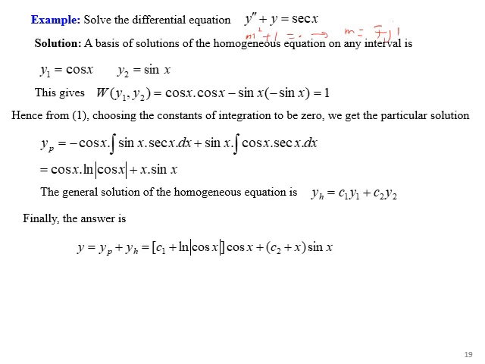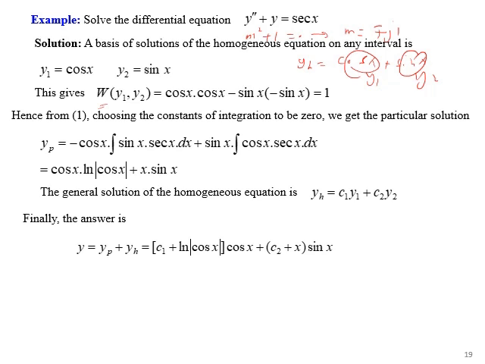So I can write the homogeneous solution as a constant times cosine x plus a constant times sine x. So this is y1 and this is y2. I got them. Now I go for w.